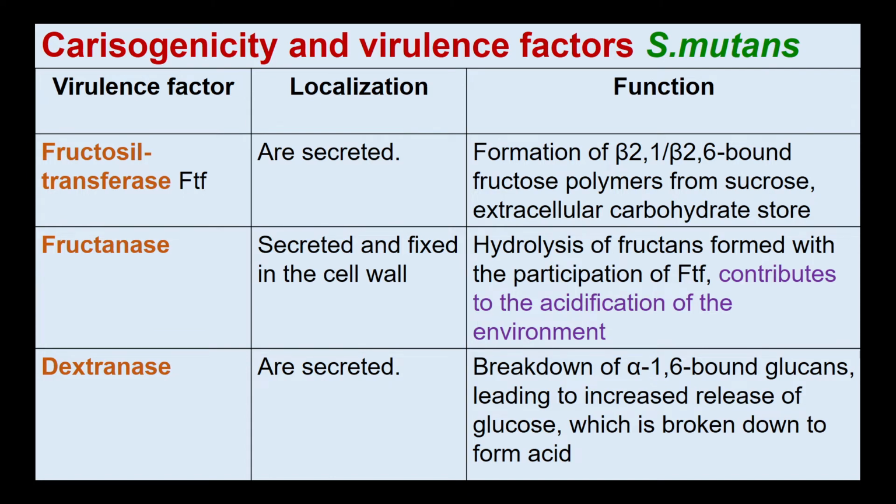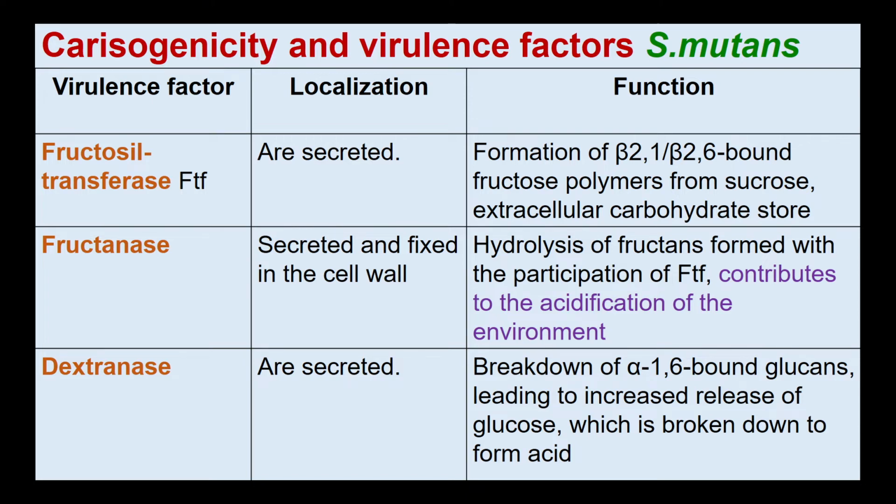The next virulence factor, fructosyltransferase, a secreted enzyme, forms beta-2,1 and beta-2,6 bound fructose polymers from sucrose, as intracellular carbohydrate stores. As a result, we always say to children, don't eat sweets because it may destroy your teeth.